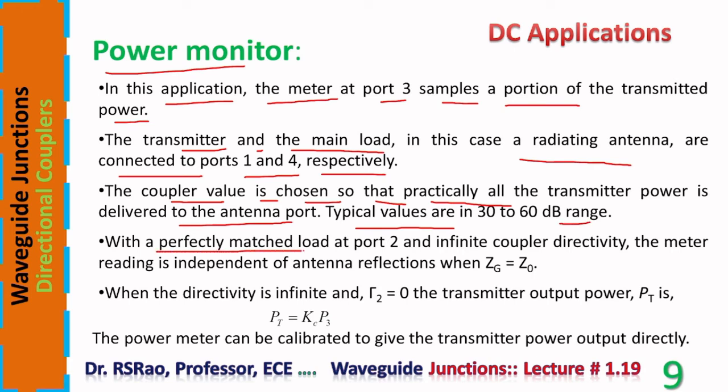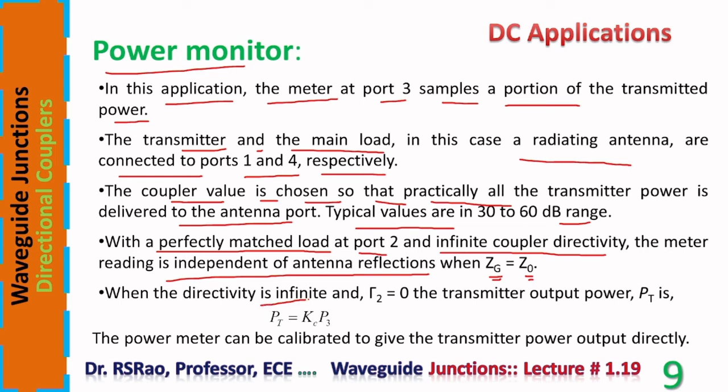With a perfectly matched load at port 2 and infinite coupler directivity, the meter reading is independent of antenna reflections when Zg is equal to Z0. What is Zg? It is the internal impedance of the source.